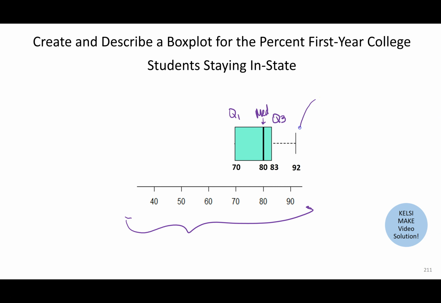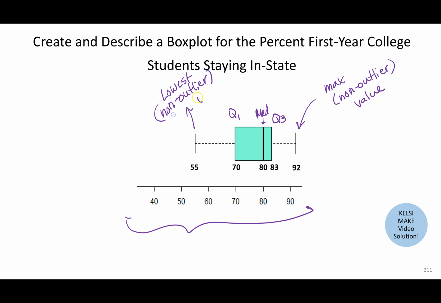From there, we already said this is my max non-outlier value. So 92 was my maximum value, and it was not an outlier, so that whisker extends to 92. But then, this is my lowest non-outlier value.